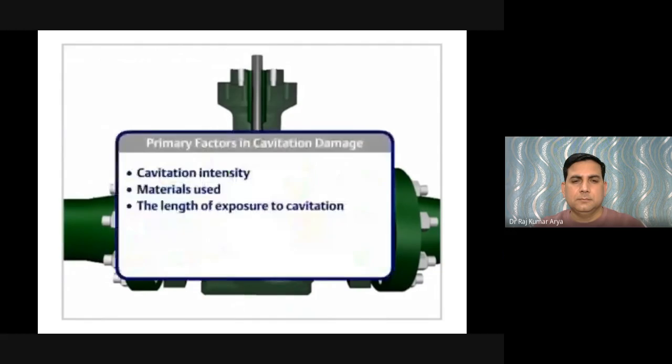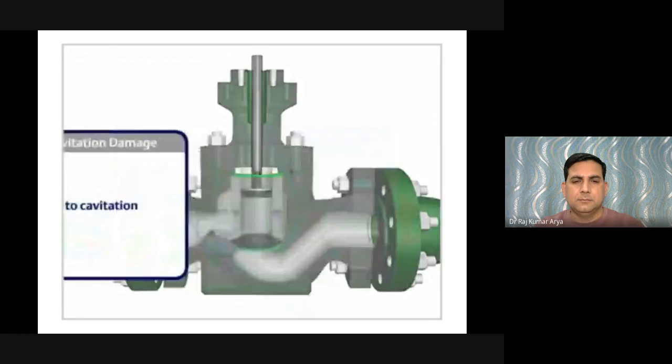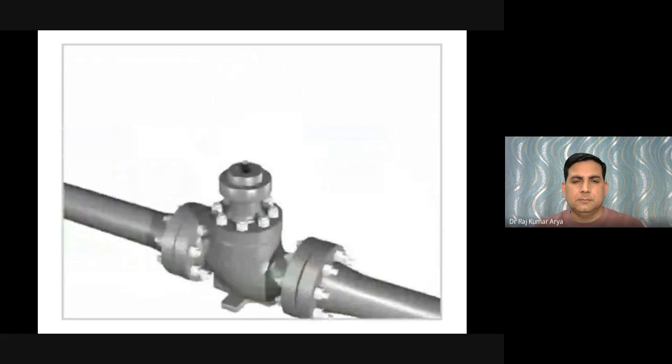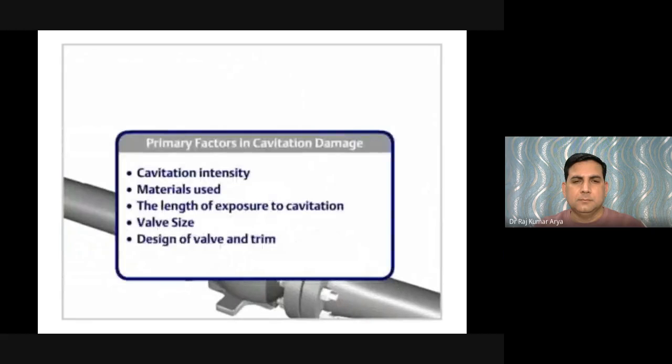The more frequently that cavitation occurs in an area, the more likely it is to sustain damage. Valve size. Increasing the valve size tends to make the effects of cavitation worse. The design of the valve and trim in the area of cavitation.